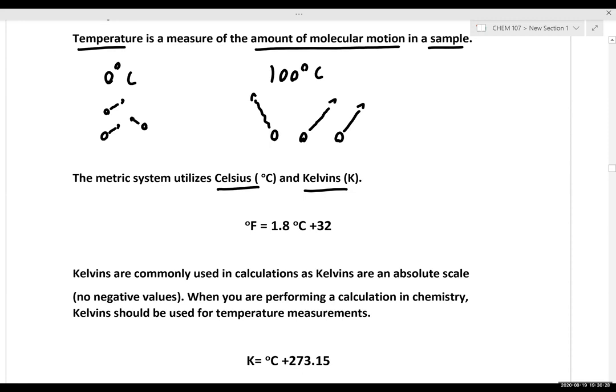So the main formula that we're going to use is that degrees Fahrenheit is equal to 1.8 times the degrees Celsius plus 32. No parentheses there.